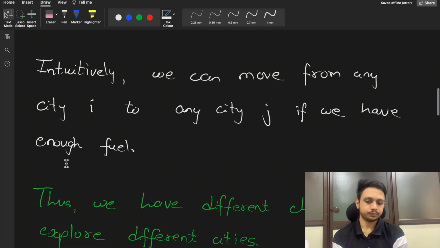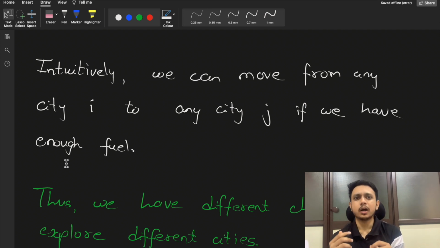Now guys, in this question, we can move from any city to any other city, right? Unless and until we run out of fuel. So intuitively we can say that we can move from any city i to any city j if we have enough fuel. That means there are different possible choices from the current city.